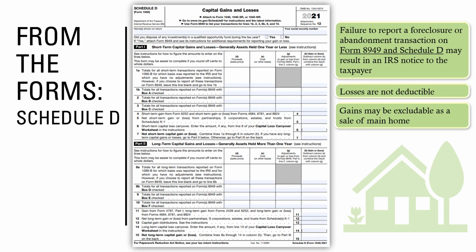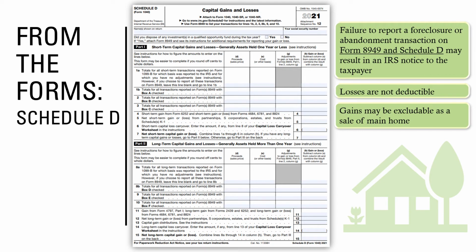So we really want to make sure that we are treating this appropriately and that we are getting that reported on Form 8949 and Schedule D. Now, I'm not going to go into how that works specifically in this lesson. Again, we're going to cover it in our capital gains and losses lesson, but this is just an awareness issue.